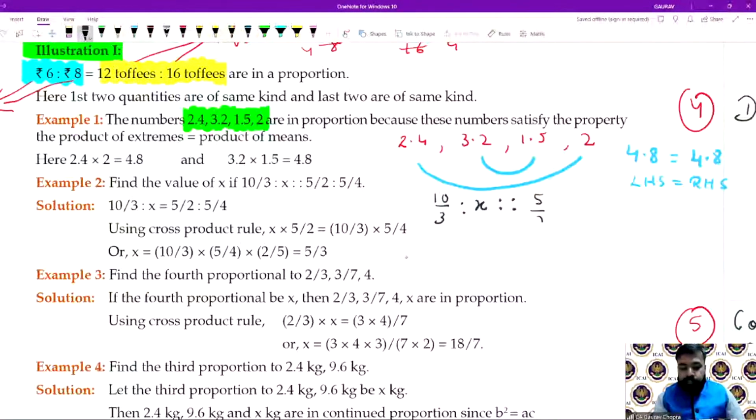Meaning is the same. 5 by 2 and then ratio 5 by 4. Now this sign means they are in proportion. This tells us that they are in proportion. And whenever they are in proportion, we can apply the cross product rule. So the product of means, x into 5 by 2, is equal to the product of extremes. So 10 by 3 into 5 by 4. So we can cancel them.